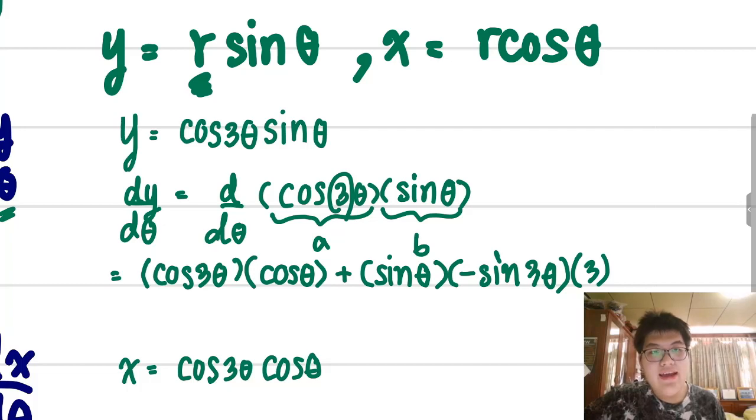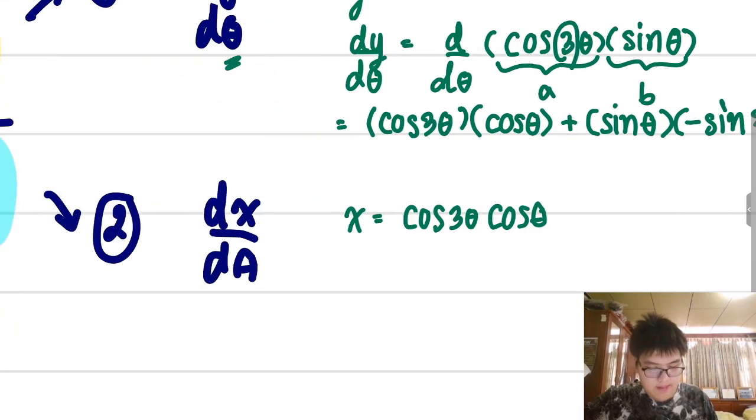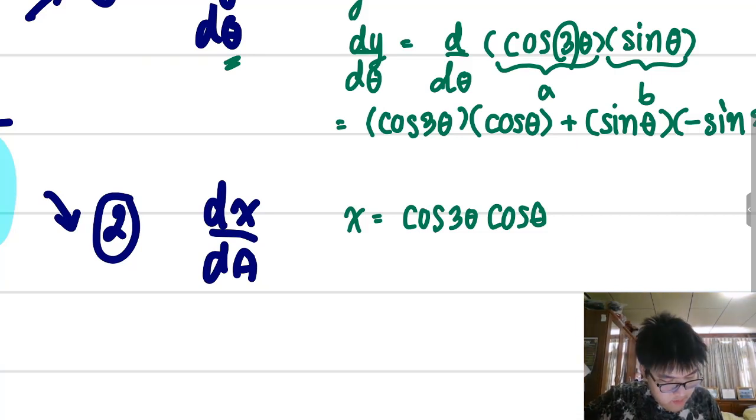Then we will find the derivative of x with respect to theta. This one is cosine 3 theta multiplied with cosine theta.